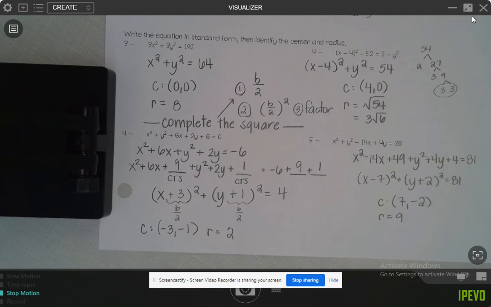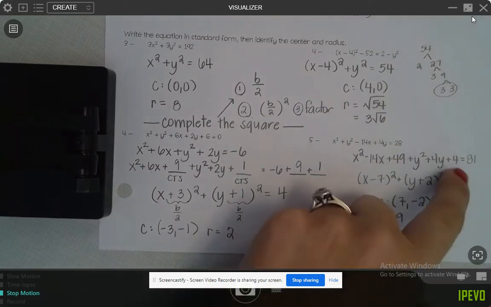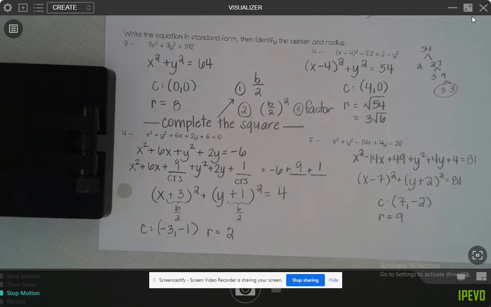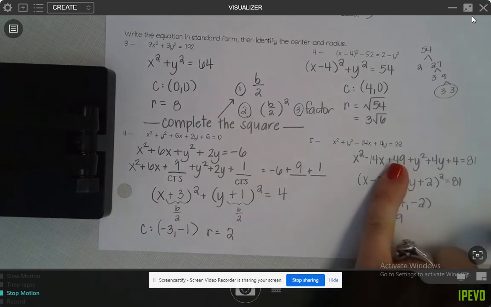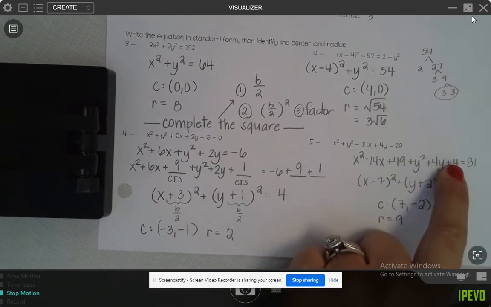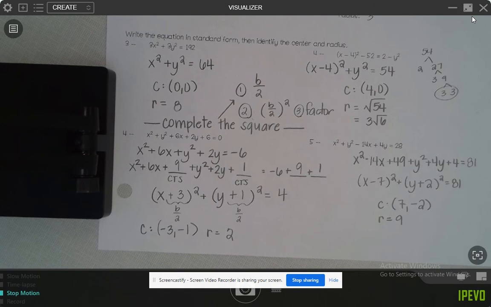Exactly as minus. How did you get 81? Because you have to take the 28 plus 49 plus the 4. How do you know if it's going to be negative or positive?